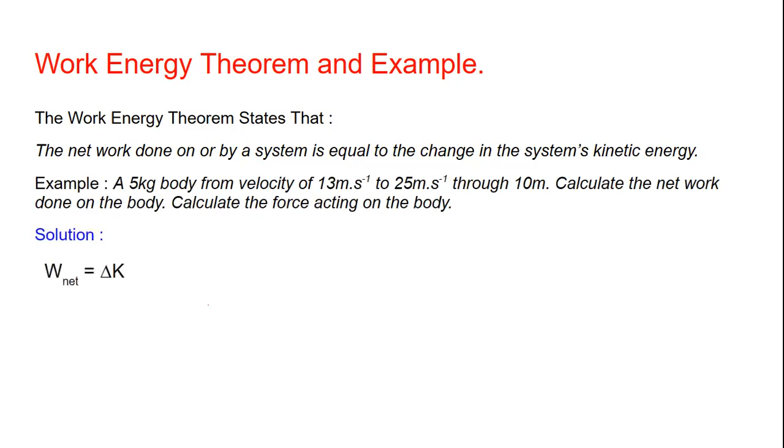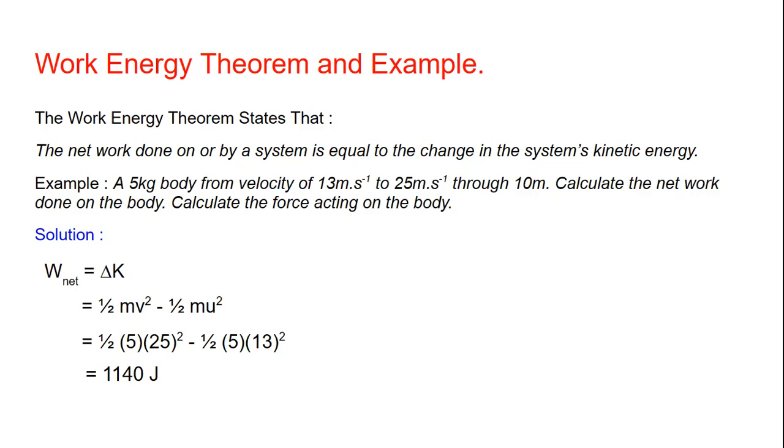W net is equal to delta K, which is the work energy theorem, which is equal to half mv squared minus half mu squared. You substitute, you'll have half times 5 times 25 squared minus half times 5 times 13 squared, and that will give us 1,140 joules of energy that's gained as this body accelerates.